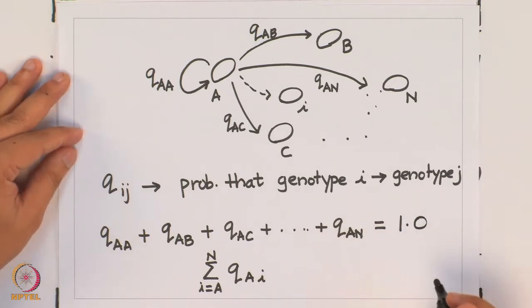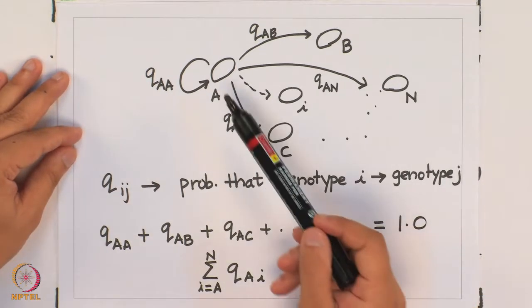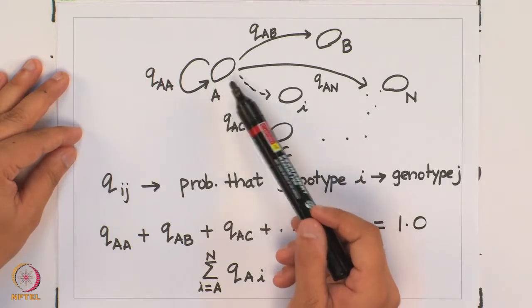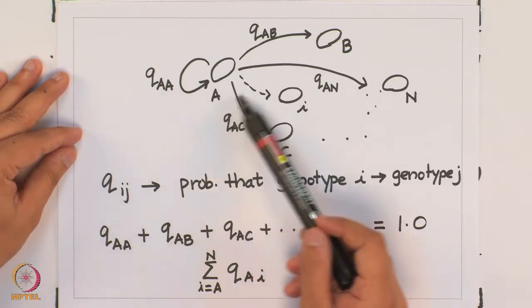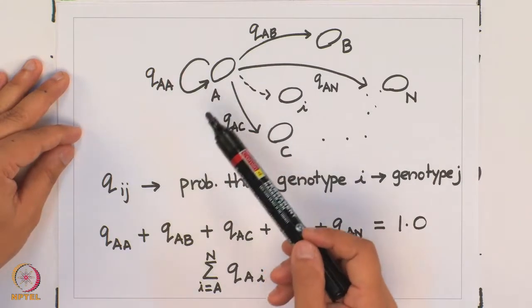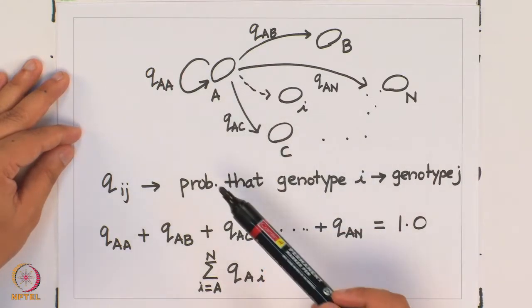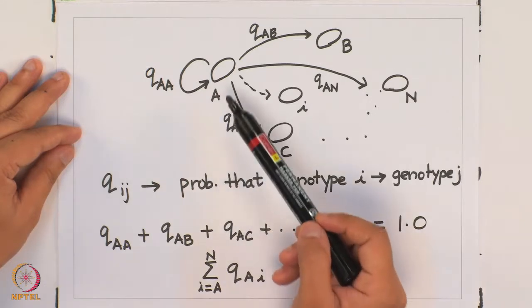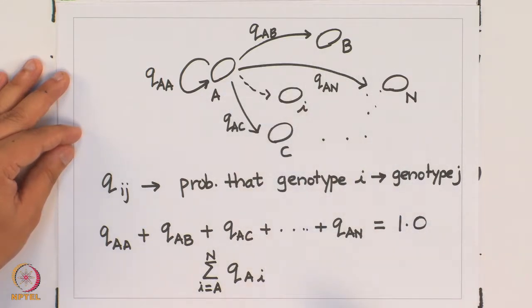And that comes from the fact that every time replication of A happens, it has to commit to one of these N arrows. Replication of A would lead to a progeny being generated, and that progeny is going to belong to one of the N genotypes which are present in the environment. What is the chance that the progeny that has been produced belongs to genotype A is represented by this number.